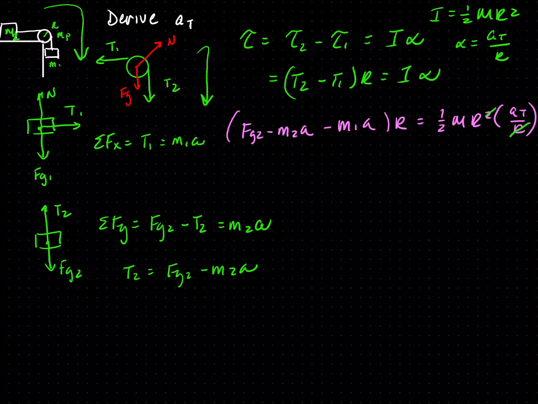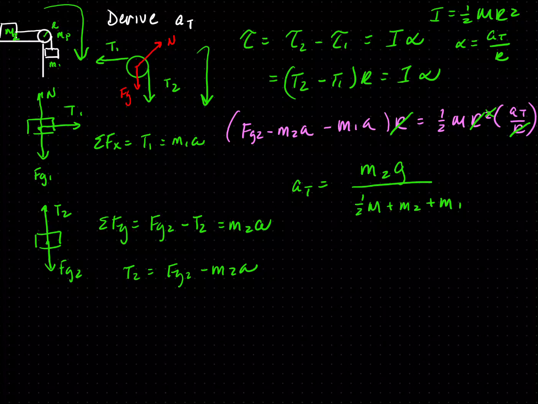This R will cancel out one of the R's. This R will cancel out with this. I'm going to put all the accelerations on one side. So AT is going to equal M2G over 1/2 the pulley's mass plus M2 plus M1.